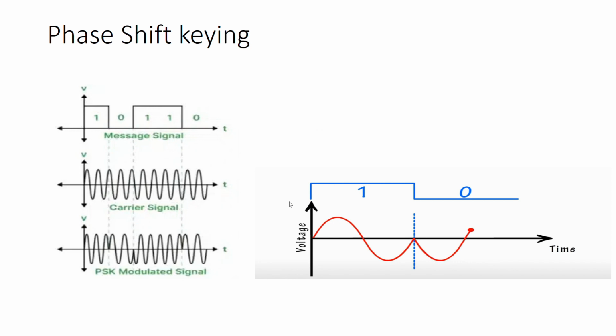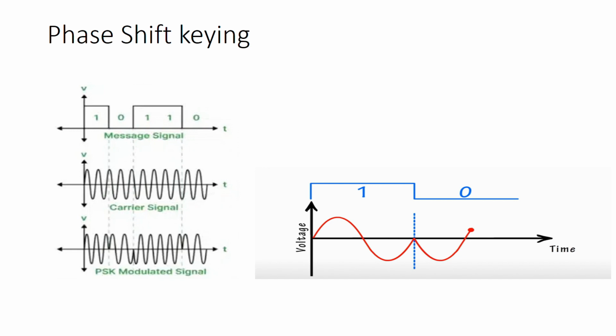Okay, go to point number 3, phase shift keying. So PSK is a digital modulation process which transmits data by changing the phase of a constant frequency carrier wave.